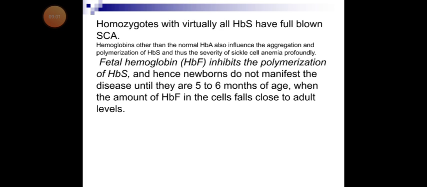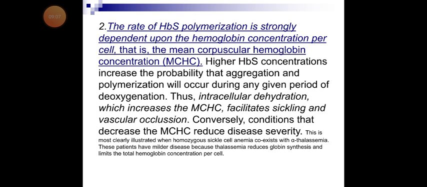So the clinical features, you will see in patients of sickle cell disease after 6 months. The rate of HBS polymerization strongly depends upon the hemoglobin concentration per cell, that is the MCHC. The higher the MCHC, the higher the rate of HBS polymerization. Thus intracellular dehydration, which increases the MCHC, facilitates sickling and vascular occlusion.